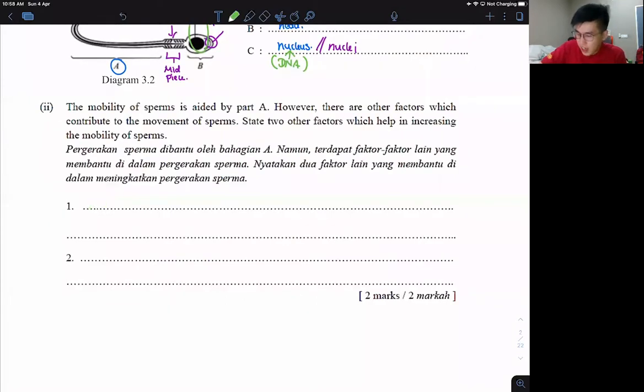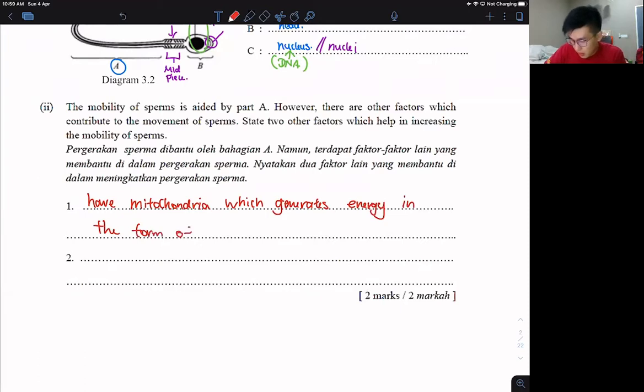You can say it has mitochondria, which generates energy in the form of ATP, which we learned all the way back in Form 4 Chapter 2.